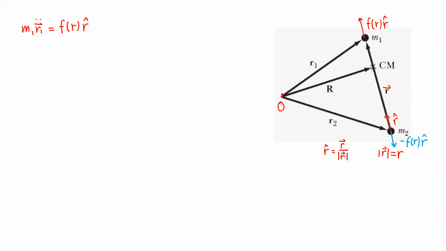And similarly, for the other one, M2 R2 double dot equals, this time, minus F of R hat. So this is what I have over here.